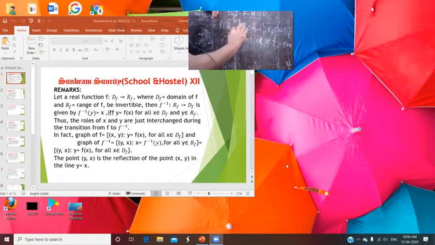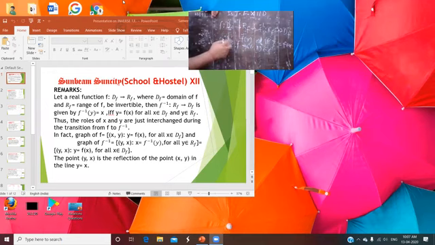For any ordered pair (x, y) belonging to f, this implies (y, x) belongs to f inverse. So in case of f inverse, only the order of the ordered pair is changed, meaning x and y interchange their positions.